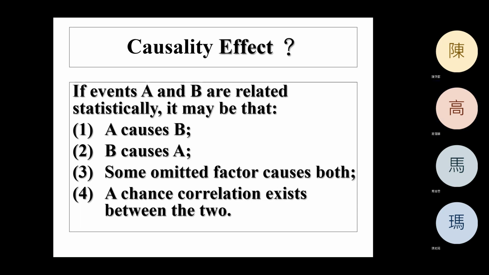So that is not really the causality effect. Causality means this event must cause that event: A causes B, then we say it is cause effect. You have to make sure it's because of A, therefore B. But statistically related means either one of them.